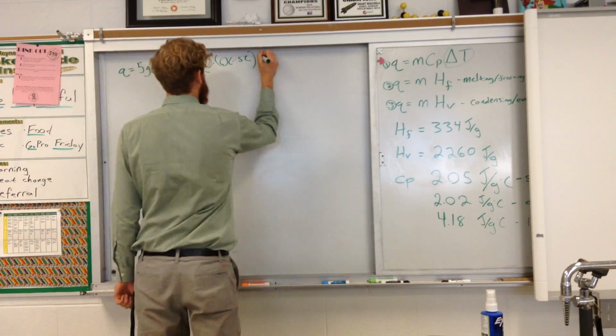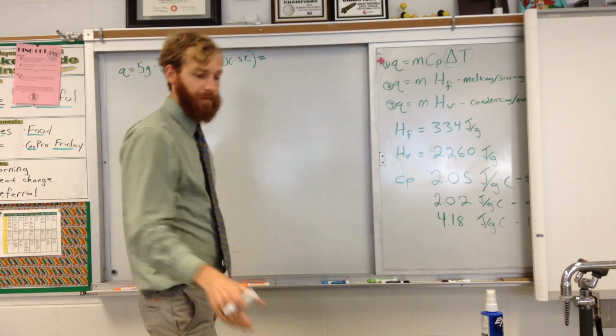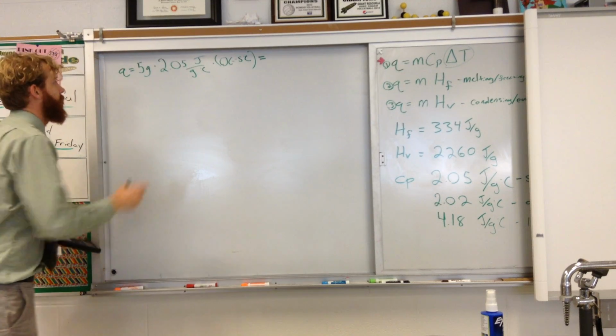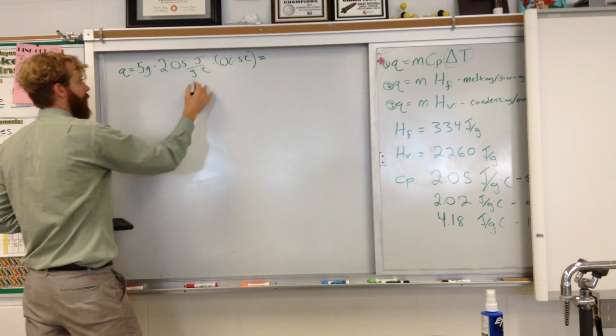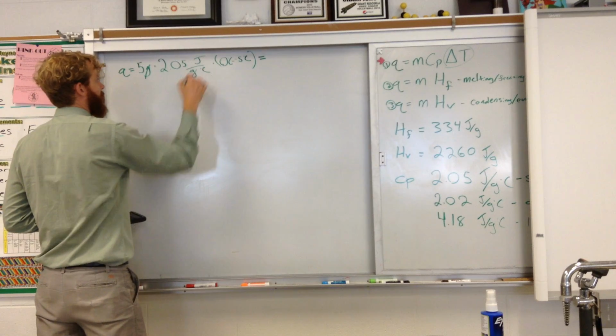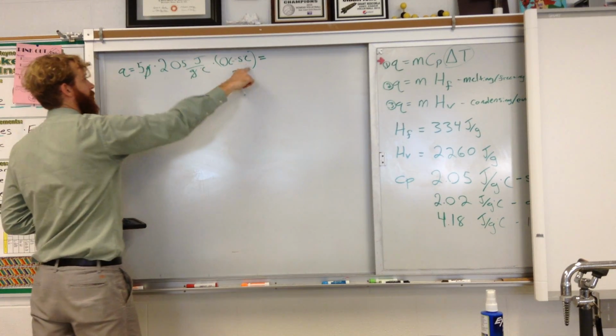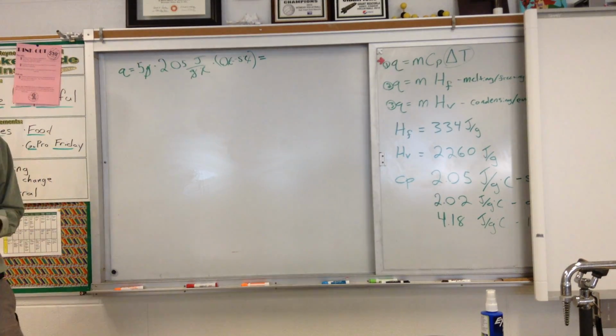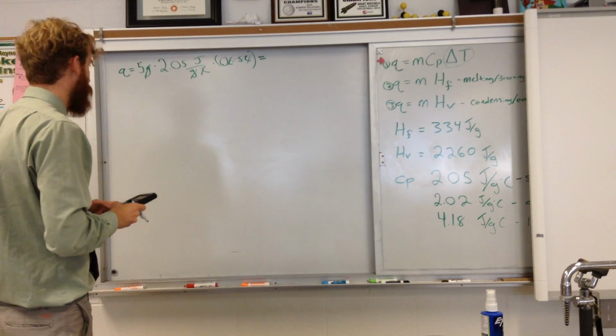Now, we plug this into our calculators and we get a number. As we're looking at the units, notice that we have grams on top here, grams on bottom there, so grams are going to cancel out. We have degrees Celsius, that cancels out. We can just plug it into our calculator, and our unit is going to be joules.